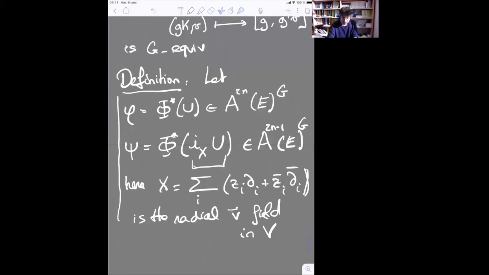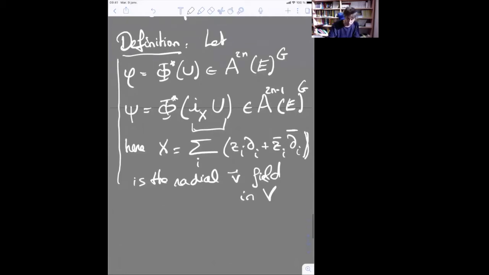Note that this radial vector field is invariant by K. So again, this form psi is a G invariant form. So both phi and psi are G invariant forms. Phi is closed.